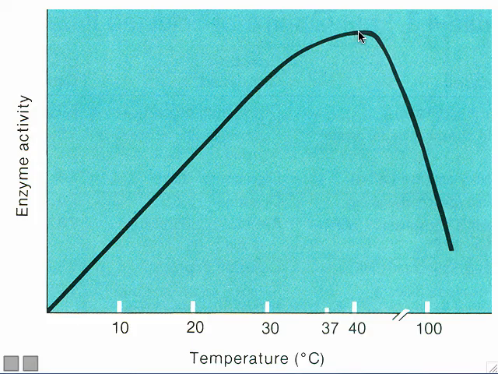If you were to raise your body's enzymes significantly above body temperature, the enzyme has a lower rate because the higher the temperature, the more likely it is that the enzyme will denature, will unfold. If you cool the enzyme below normal body temperature, you also get a lower rate, but not because the enzyme is denatured. The rate is lower just because the molecules are moving more slowly at colder temperatures.